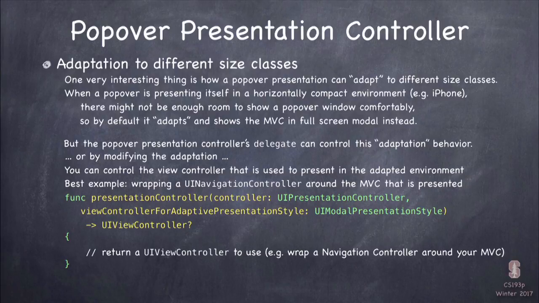And so here is where you might want to say, I'm going to return a navigation controller with the controller that would normally just appear in a popover inside of it as its root view controller. So this is a kind of cool way to substitute another, usually a navigation controller, another MVC that you can wrap around the MVC you're trying to present. So the return value of this is actually another view controller. Okay, so that's kind of fun controlling that adaptation stuff.